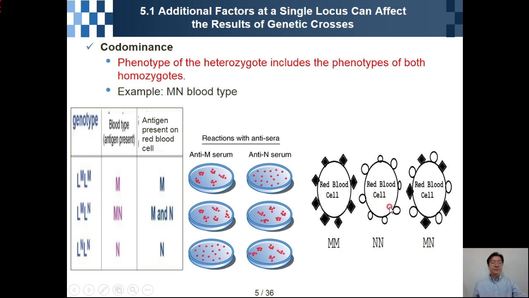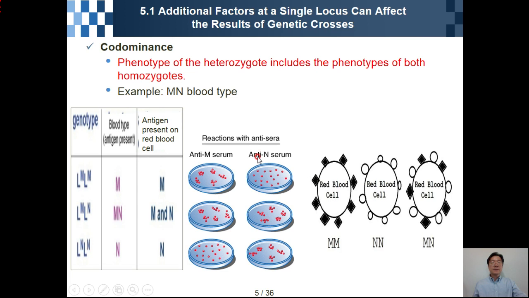That's why this is the experiment to show the reaction with antiserum. For example, this serum has the antibody against the M antigen. In this case, this serum can react with the red blood cells of this one, so they aggregate like this.